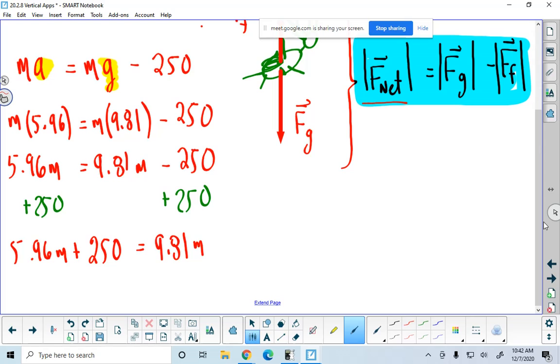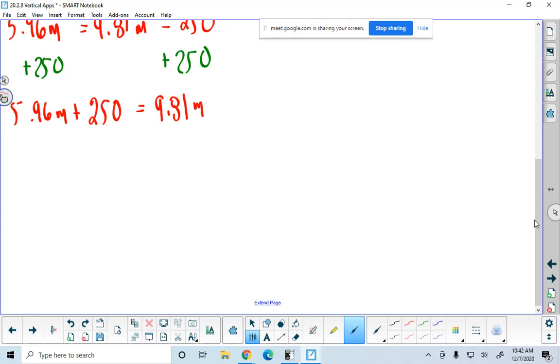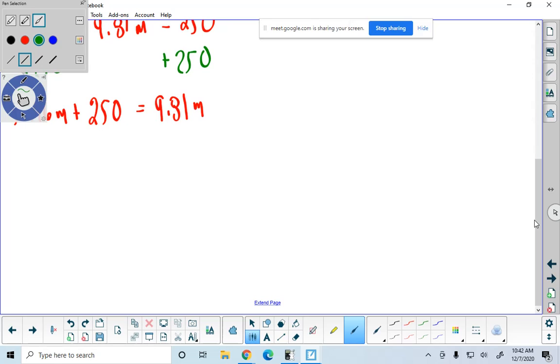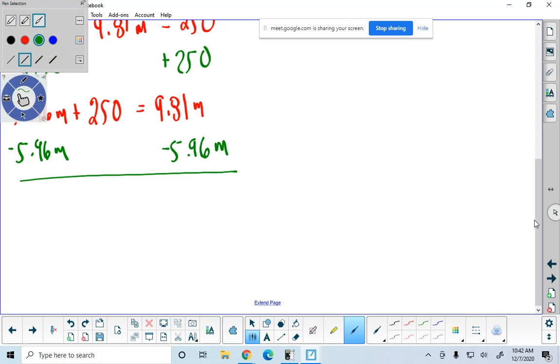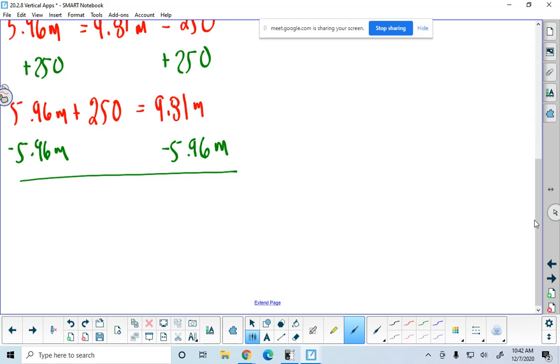Now I can subtract 5.96 m from both sides. So this is a rare situation where you have a variable you're trying to find, m, but it appears in two places.